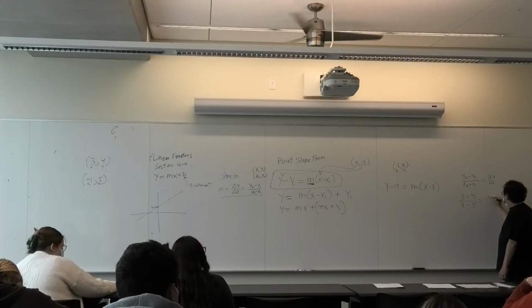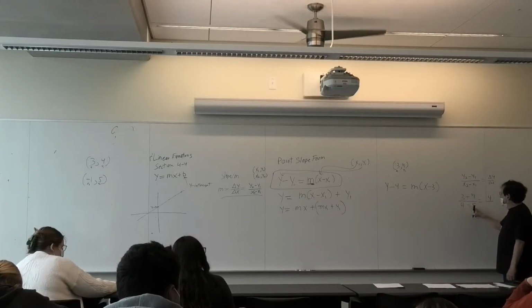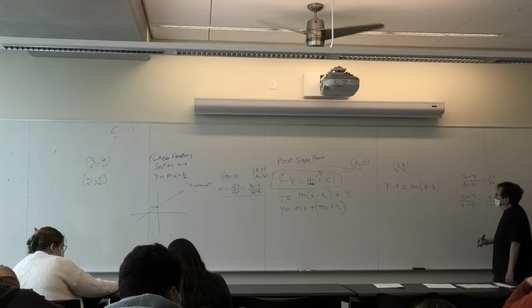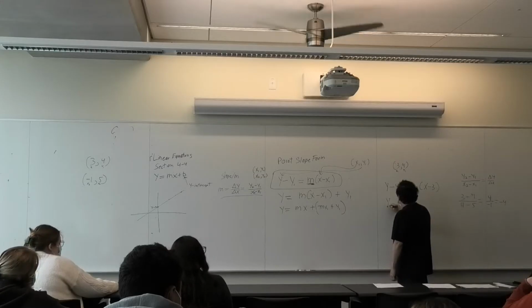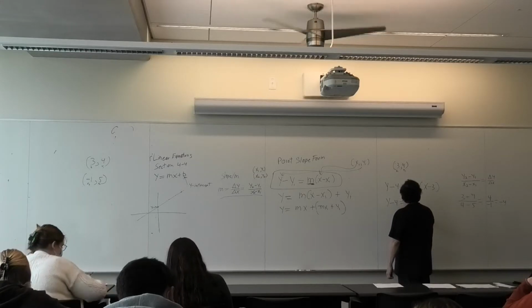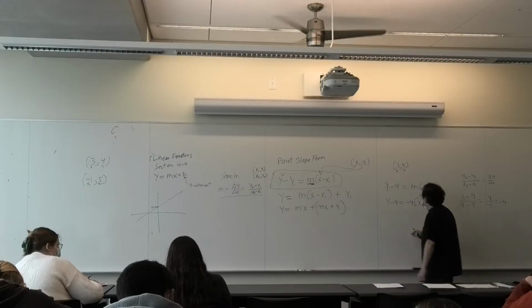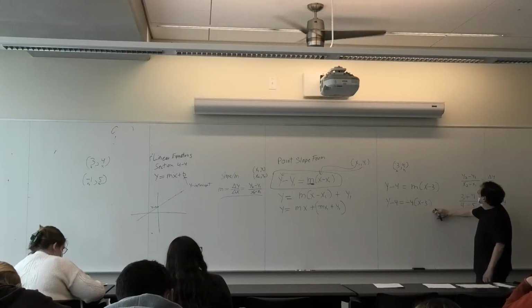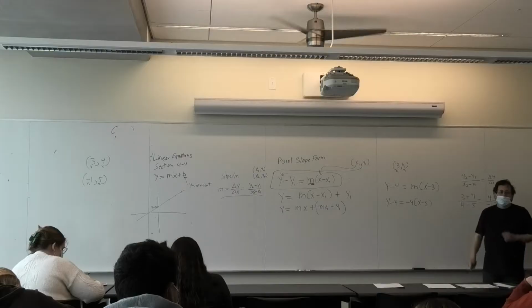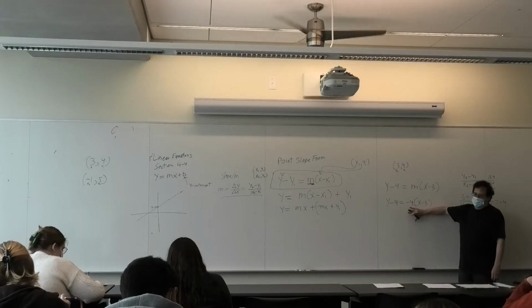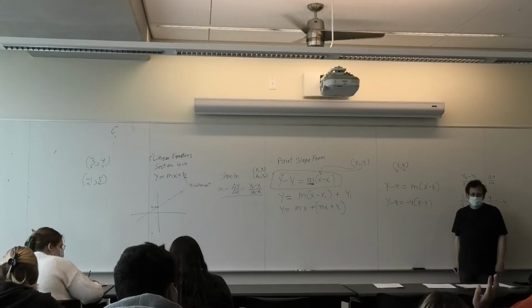So this is 4 over 4 minus 5 is minus 1. This is minus 4. So I rewrite this: y minus 4 equals minus 4 times x minus 3. That's the equation of the line that goes through those 2 points in point slope form. Yes?